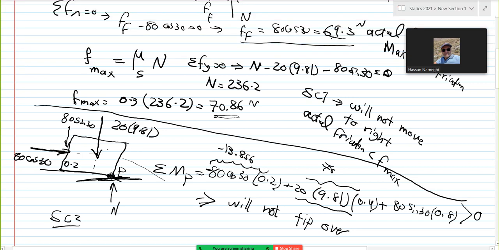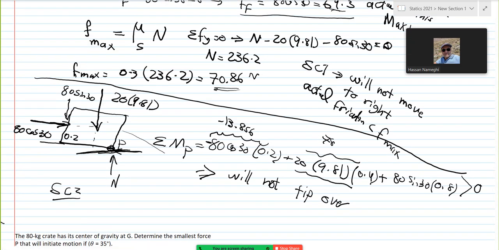So 80 cosine 30 is going to go clockwise about point P, but 80 sine 30 is going to go counterclockwise. That's why they are positive. Now, because the sum of moments is positive, this means that the object will stay on the floor. It will tip over if the sum of moments was negative, but in this case it will not tip over.